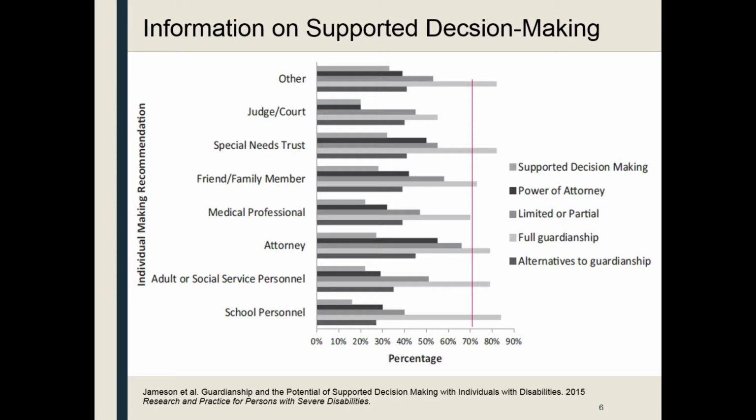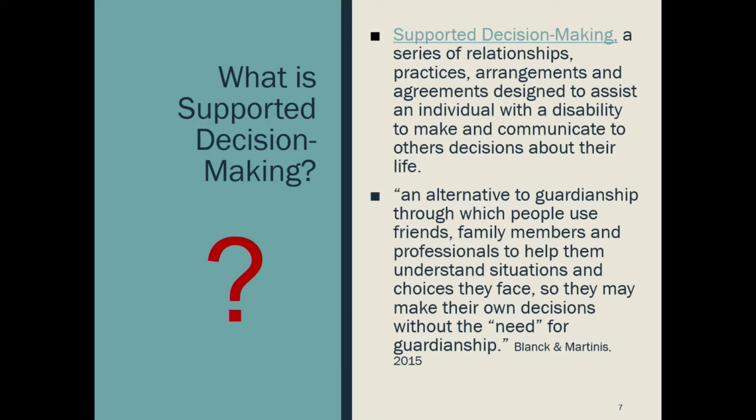So while we have this beginning change in the way that we think about supported decision-making and guardianship, we know that families are not necessarily getting a full range of information, so that train towards guardianship is continuing, and there's an effort to really try to shift the conversation.